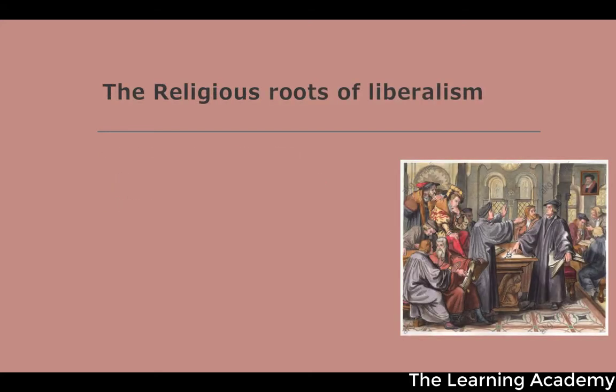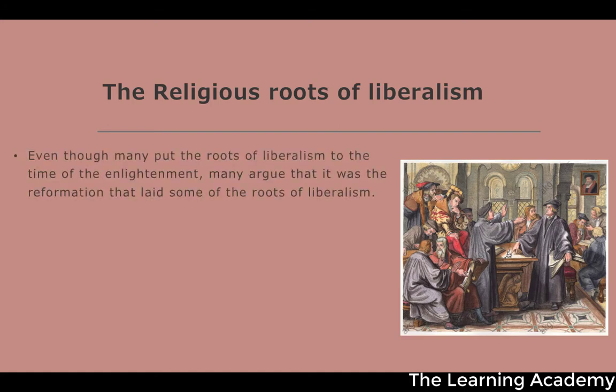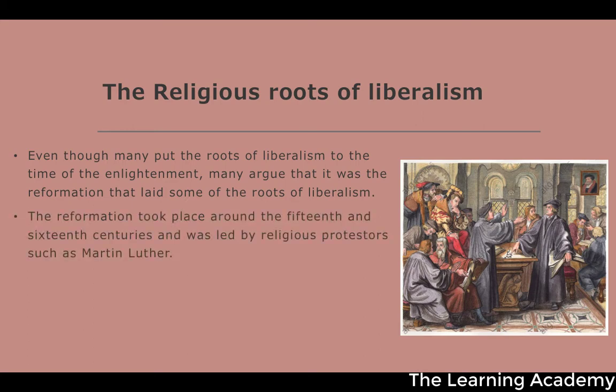So, with this being said, the religious roots of liberalism really date back to before the Enlightenment, but to the Reformation. Okay? Now, the Reformation took place around the 15th and 16th centuries and was led by religious protesters, such as Martin Luther and John Calvin.